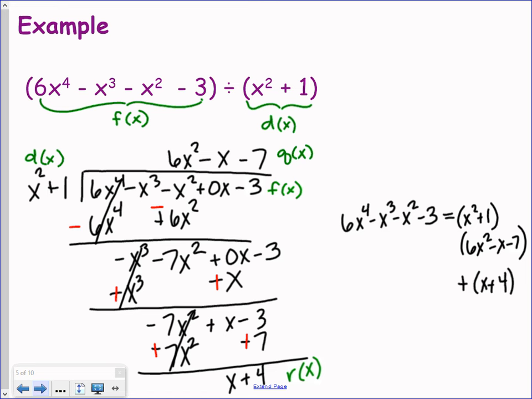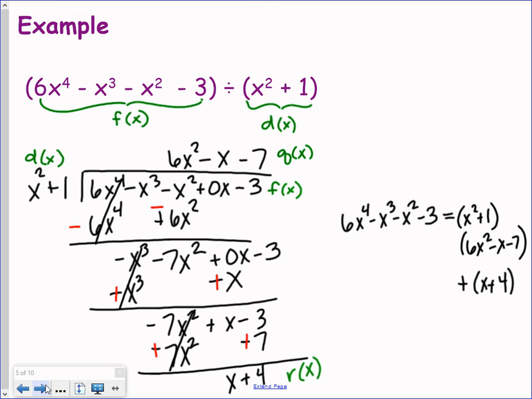And so if we distributed x squared plus 1 over this trinomial, 6x squared minus x minus 7, then we added an x plus 4 to their like terms, we would come up with the polynomial f of x. So that's the division algorithm for the polynomial. We won't take the time to actually redistribute everything, but you could to see that it was actually the same thing. Okay.